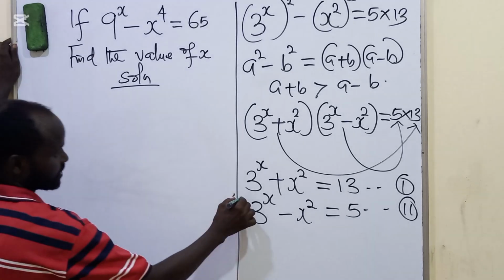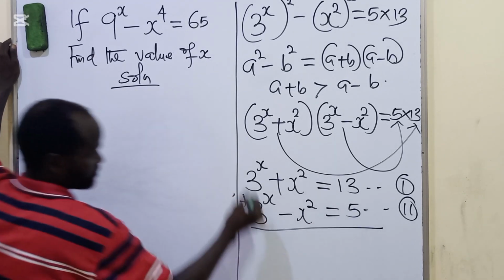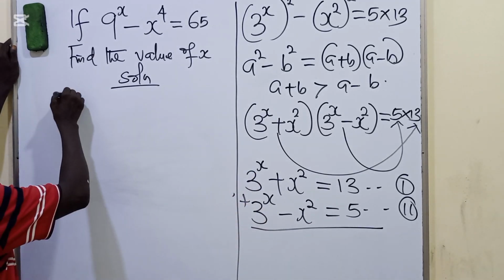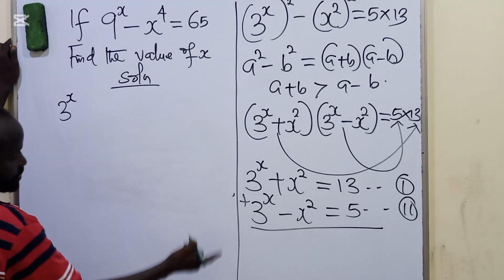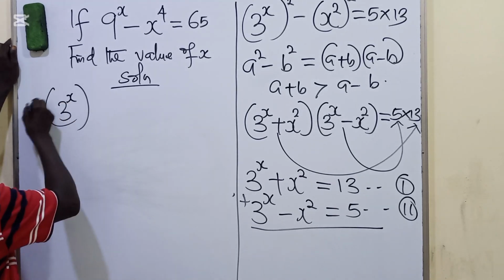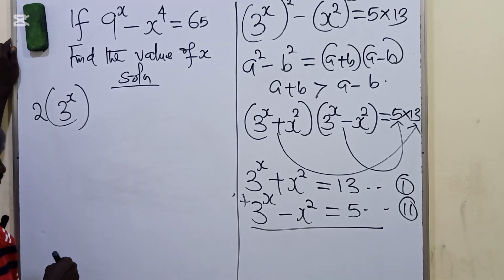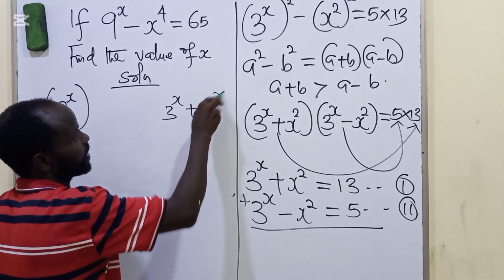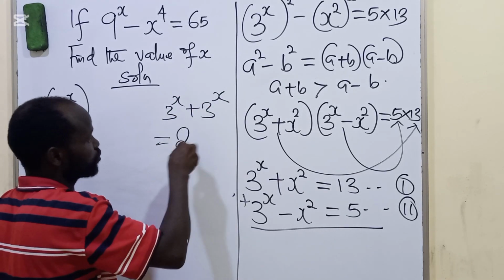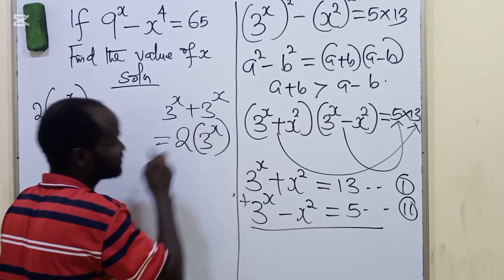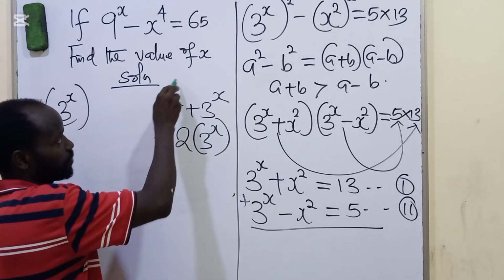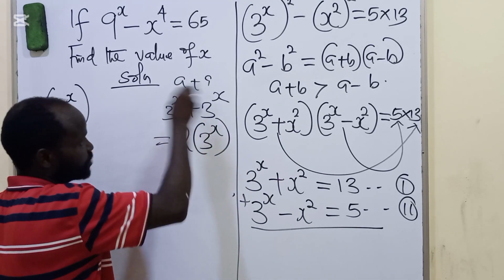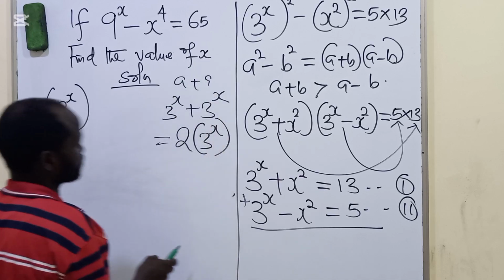By adding this, 3^x plus 3^x will give 2 of 3^x. Like when we have a plus a, it will be 2a. That's what we mean.